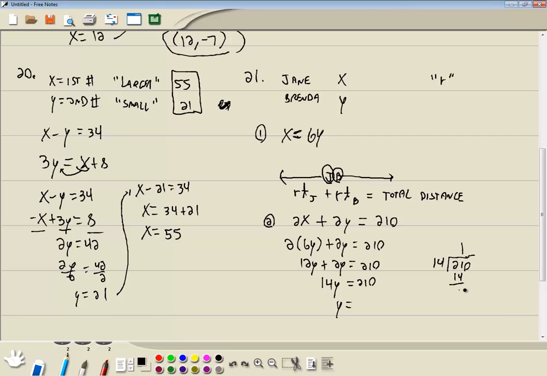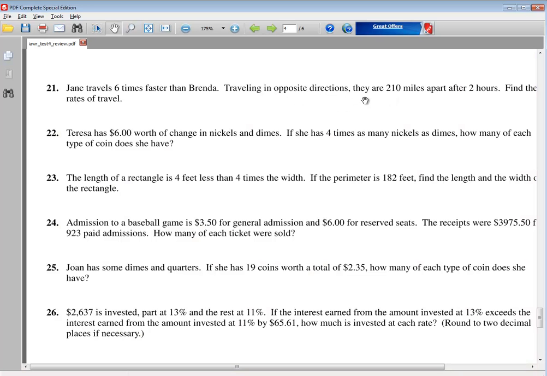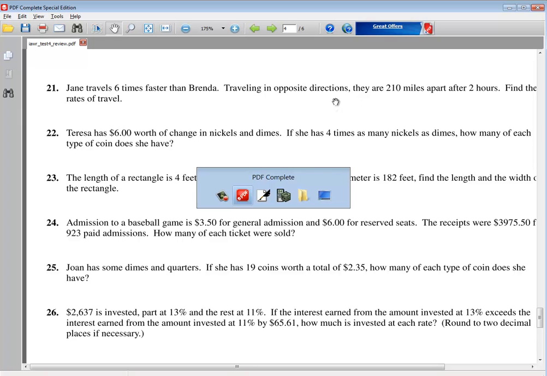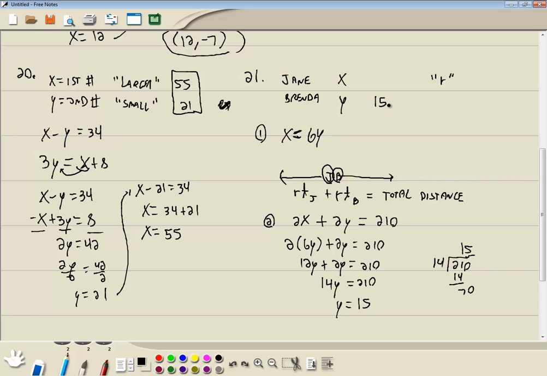Let's see, that gives us 15, which means Brenda would be 15 miles per hour. What are they doing? Driving? Travels. Okay, doesn't say if they're in a car or what. It's pretty slow for a car. Then Jane is 6 times that. So 6 times y.